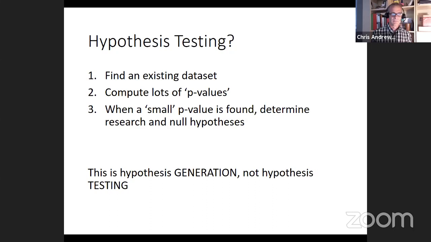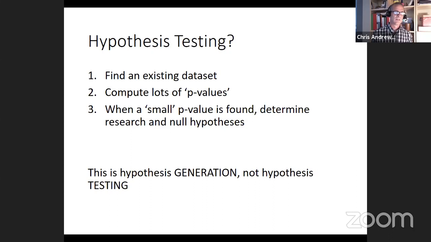All right, so I've mentioned hypothesis testing a few times, and I think some of you have seen this, or maybe even done this. But this is not hypothesis testing, but it is a form of data analysis. But don't confuse this with hypothesis testing. First of all, let's find some existing data set. Maybe your mentor has a data set from a study he's done, or a colleague.